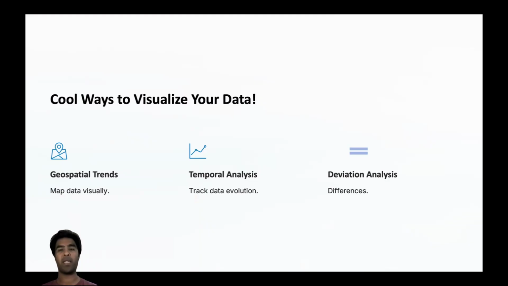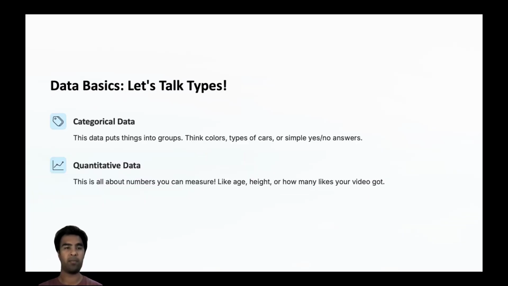That is, temporal analysis, deviation analysis, distribution analysis, and network analysis. Within the next five videos, I will cover all of these, but for right now, we're going to stick with geospatial analysis. Before we even get into data visualization, we should understand how data is made.